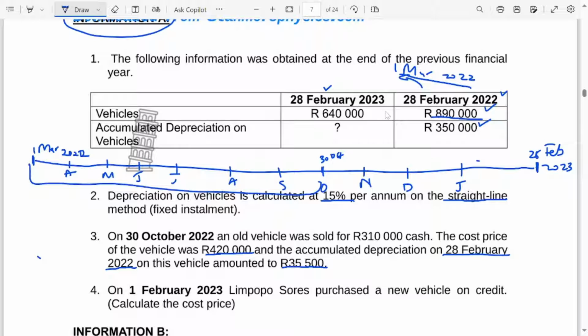How many months? To October, it's March, April, May, June, July, August, September, October. That is 8 months. So we are going to say 420,000 multiplied by 15%, multiplied by 8 over 12. That is how much? Let's calculate.